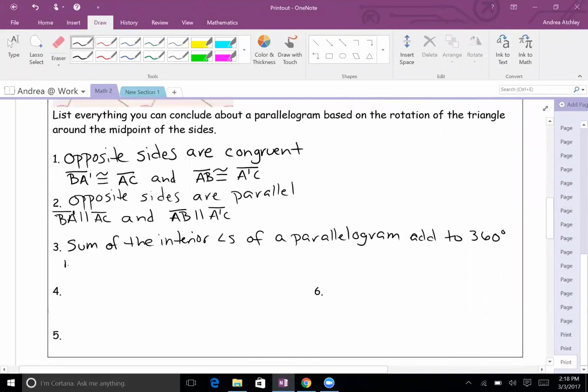That means the measure of angle A plus the measure of angle A prime plus the measure of angle B plus the measure of angle A prime C A equals 360 degrees.